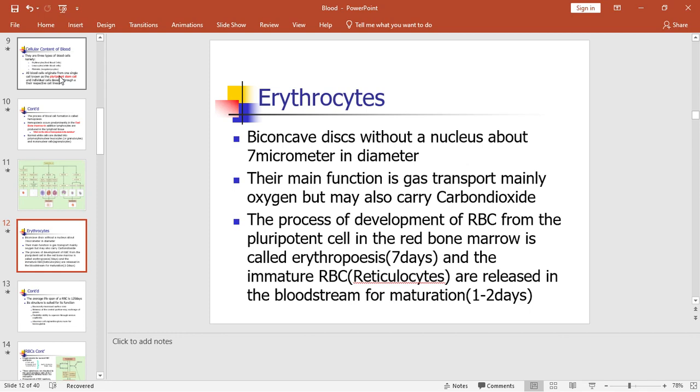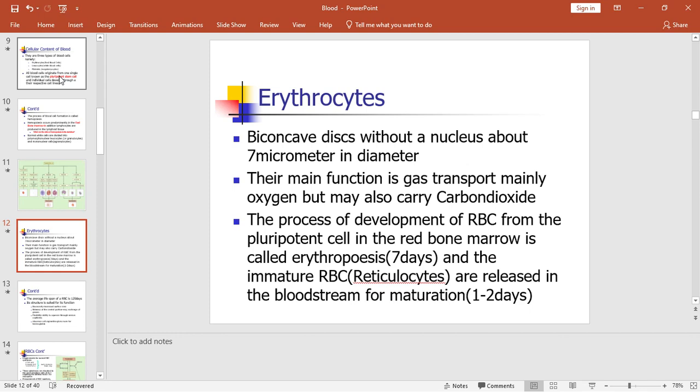There are 4 molecules of hemoglobin in each red blood cell, and this hemoglobin is responsible for temporarily binding to oxygen in the lungs and delivering this oxygen to the site where it is needed at tissue level.